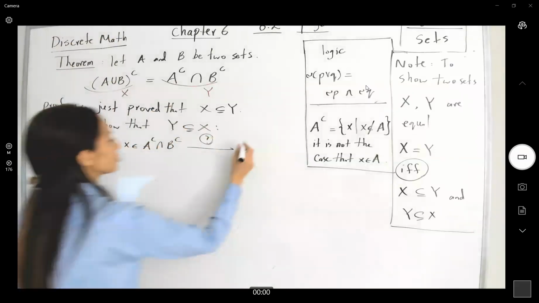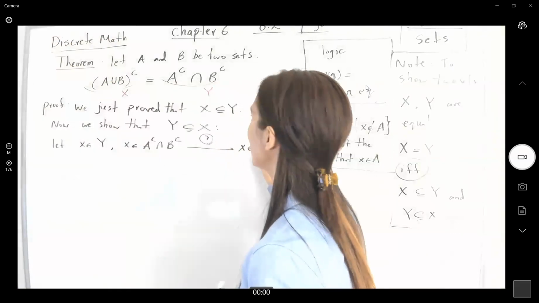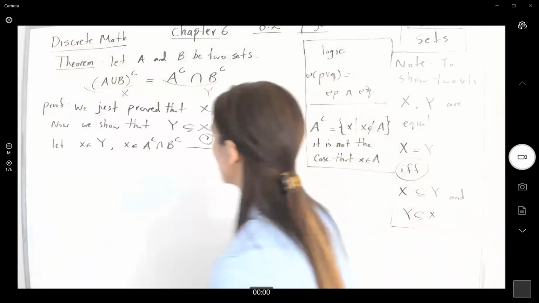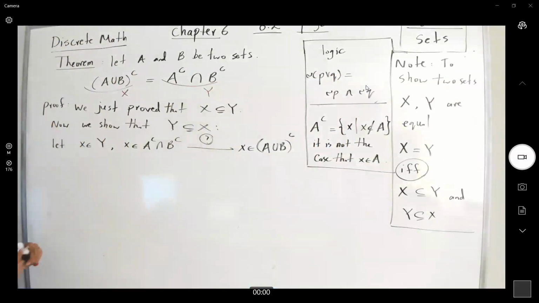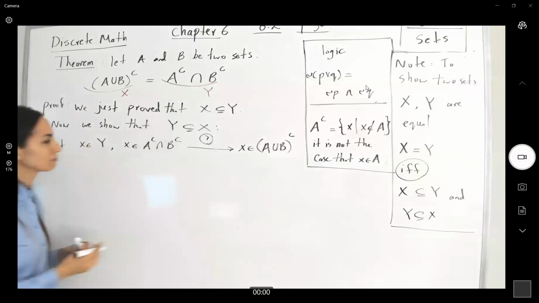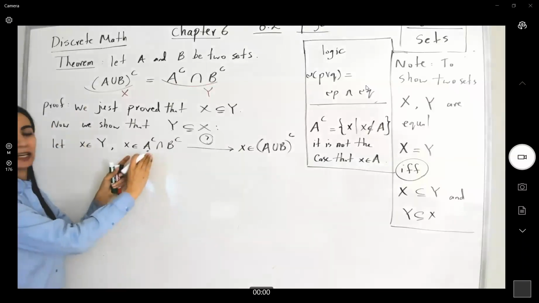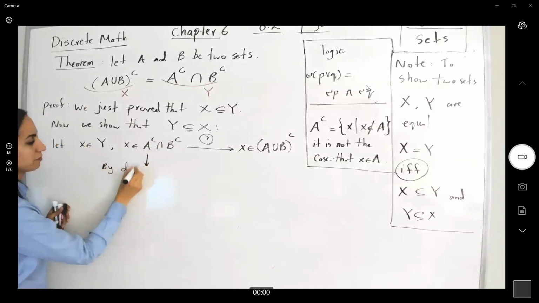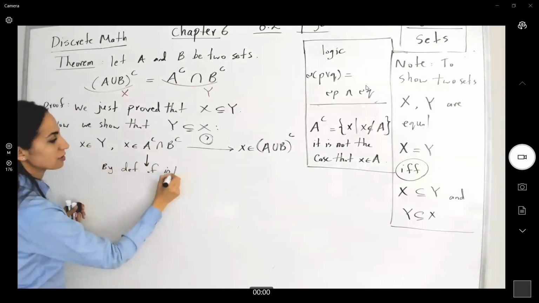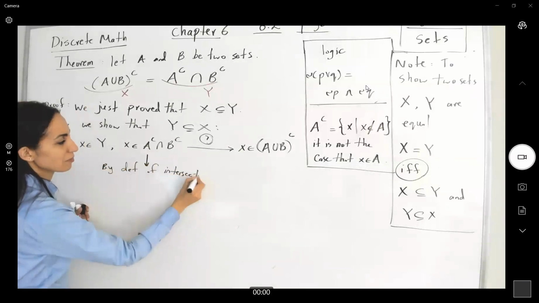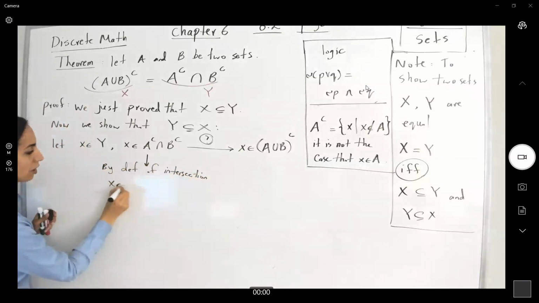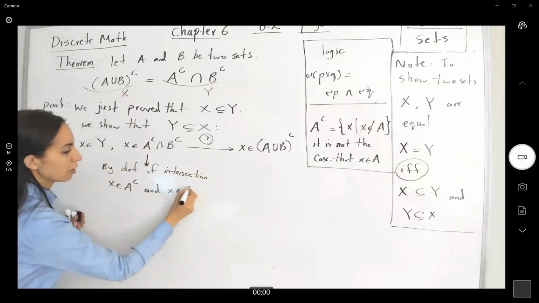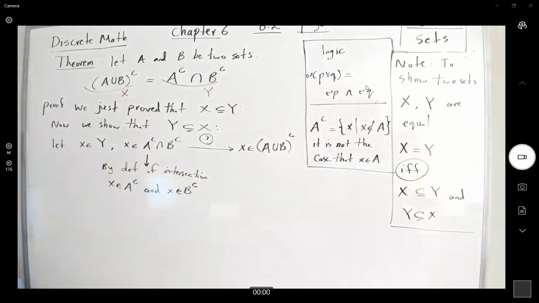Our goal is to show that X belongs to X, or A union B complement. Okay, let us start. X belongs to the intersection by definition of intersection. X belongs to A complement and X belongs to B complement.